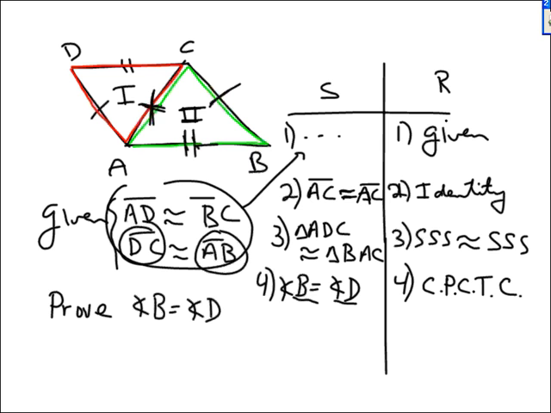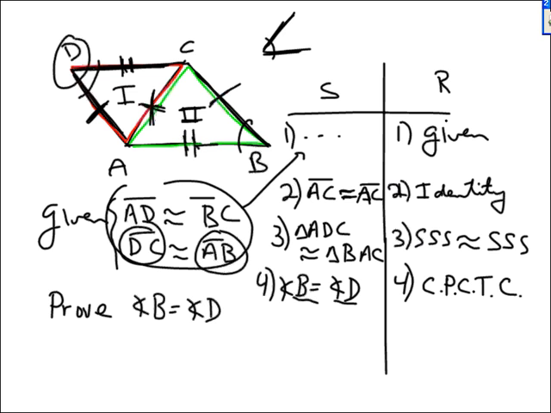Now, why are B and D corresponding parts? Well, angle D is made up of 2 sides. Every angle comes from 2 sides. And these 2 sides are the side that has 2 slashes and the side that has 1 slash. That's what makes up angle D. But angle B has that same property.